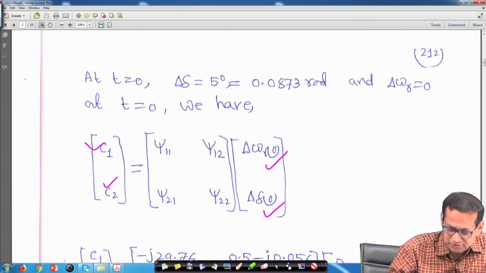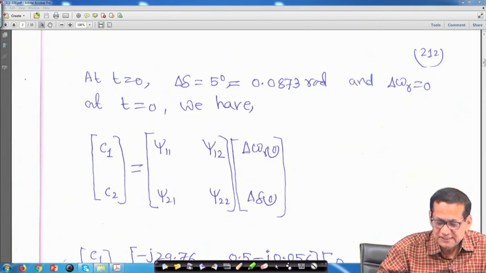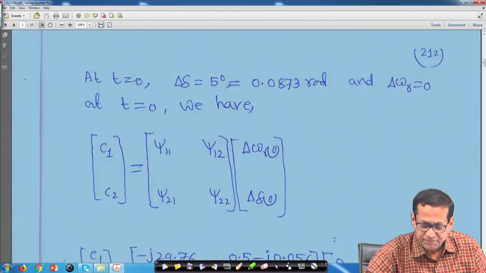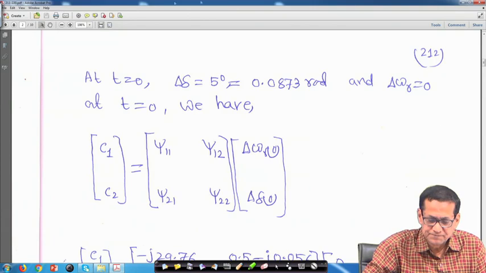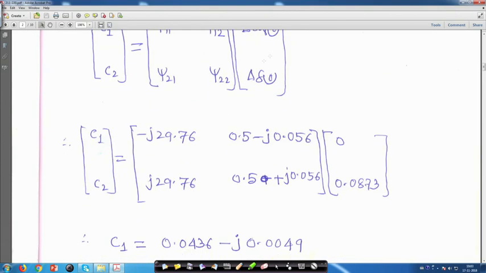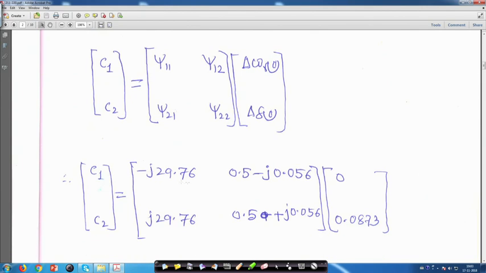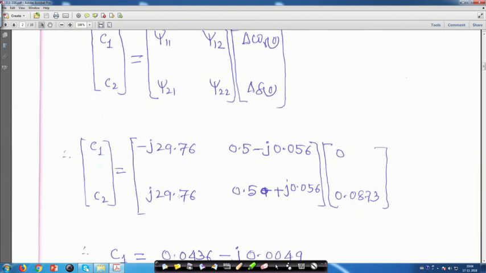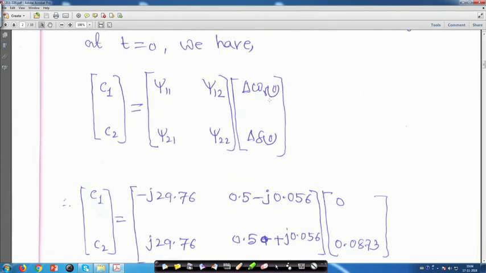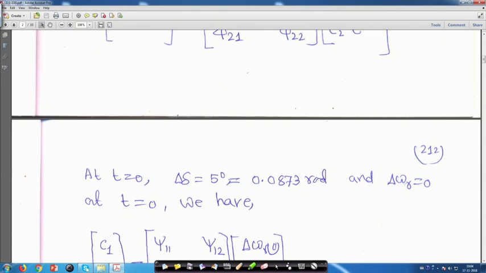If you do so, then we got this psi matrix, the left eigenvector. So, it is minus j 29.76, 0.5 minus j 0.056 and this is j 29.76 and 0.5 plus j 0.056, and the initial values at t equal to 0 are delta omega 0 and delta delta 0.0873 radian.